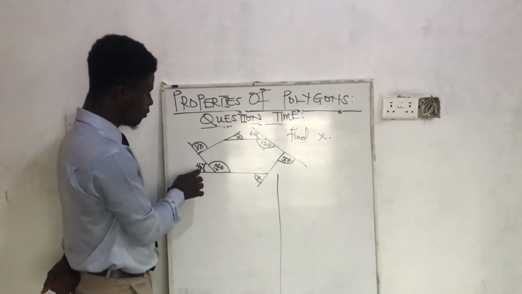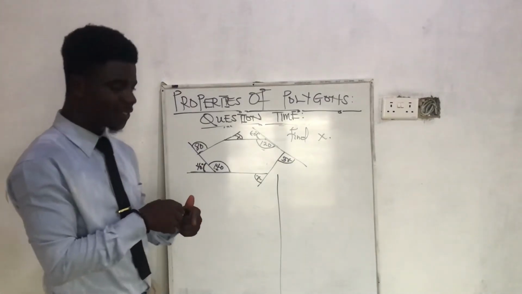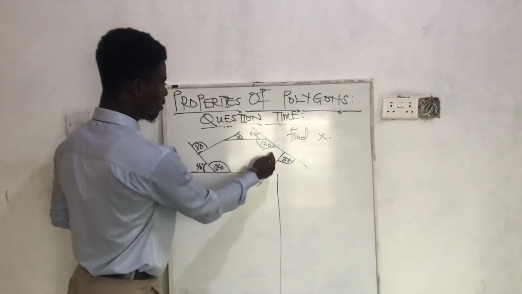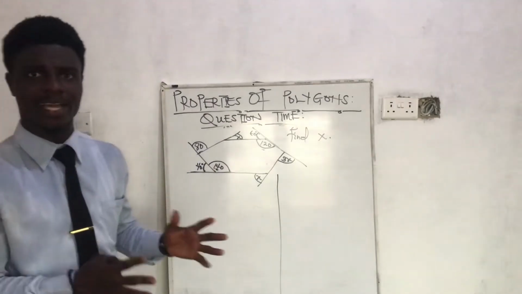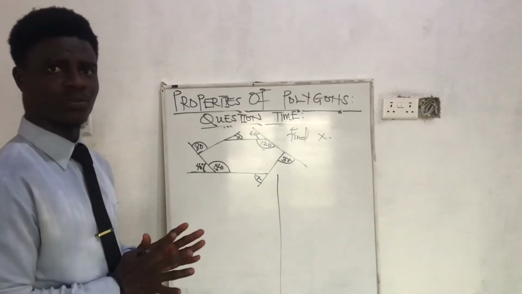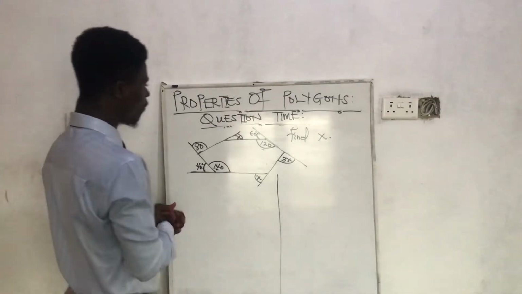I have 1, 2, 3, 4, 5, 6. It has 6 exterior angles. Let's see the sides: 1, 2, 3, 4, 5, and 6. It also has 6 sides. So what type of polygon is that? Hexagon, right? That's the name of the polygon.